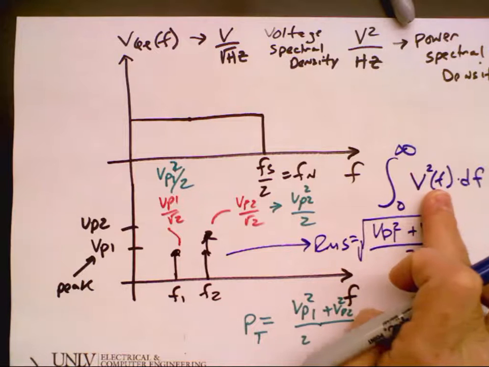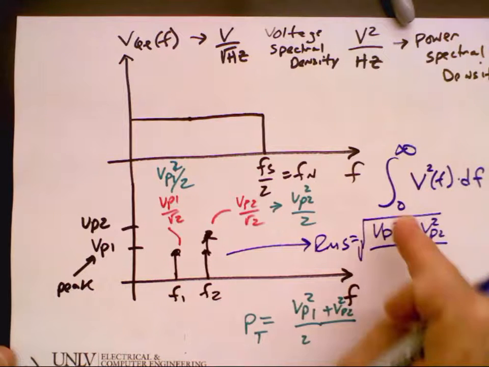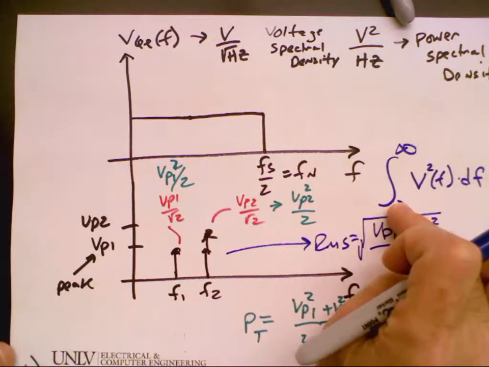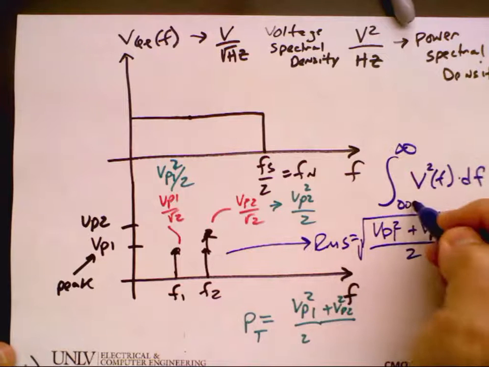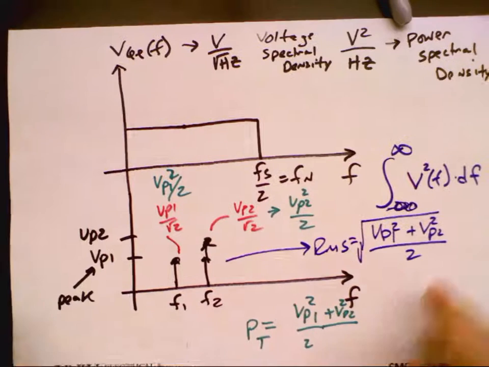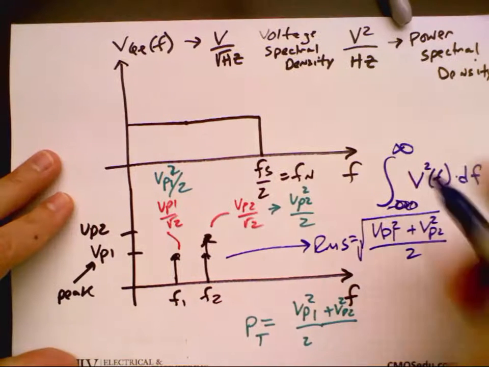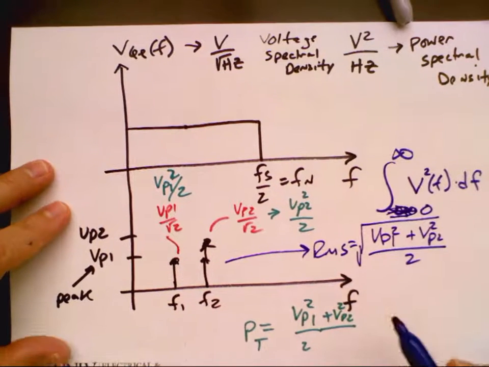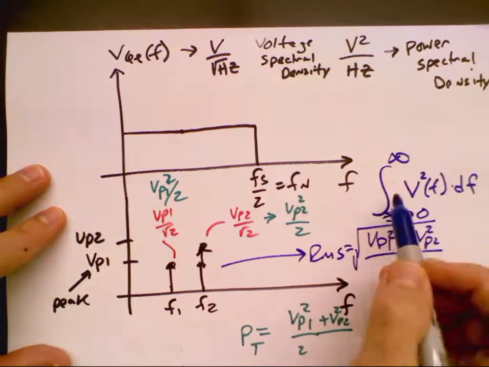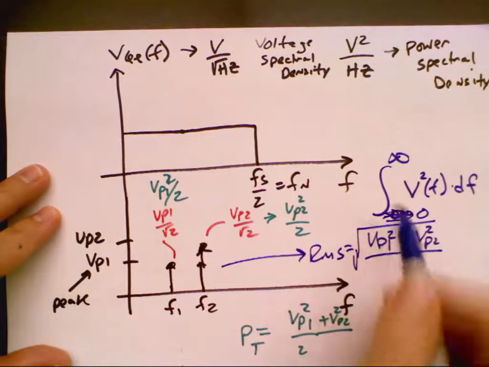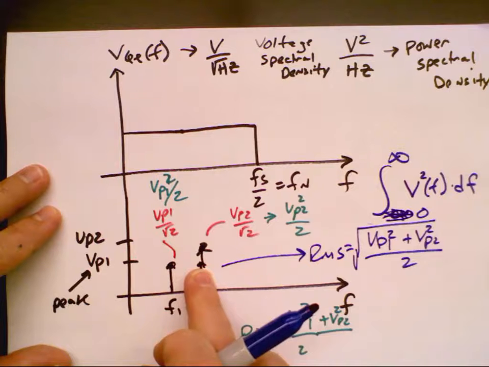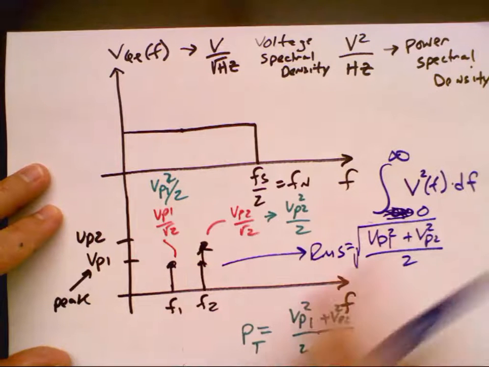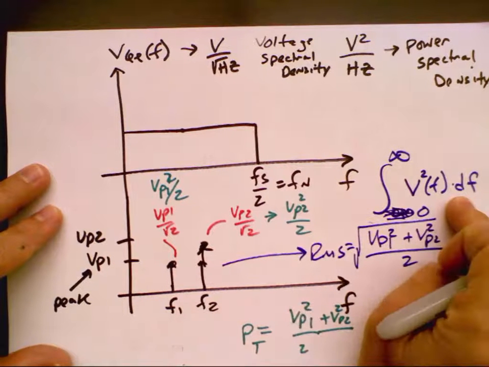Okay, so this is for a one-sided spectrum. For two-sided it would be minus infinity. I'm just doing everything in one-sided, so we go 0 to infinity. Does everybody understand how I got my little elongated s here that sums up this one plus this one? I'm doing the same thing here, I'm just writing it as an integral. Nothing scary.